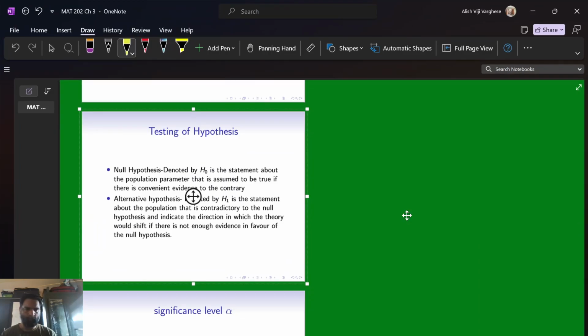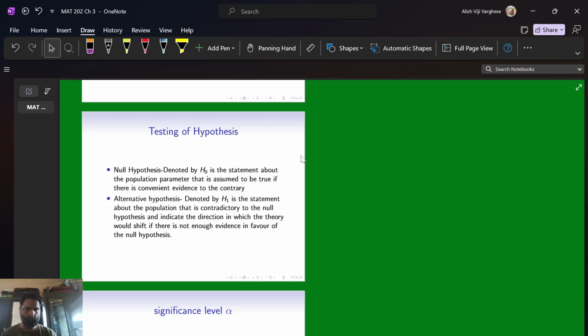Morning, everyone. Now, we are going to discuss testing of hypothesis. First, we start with some preliminary definitions.